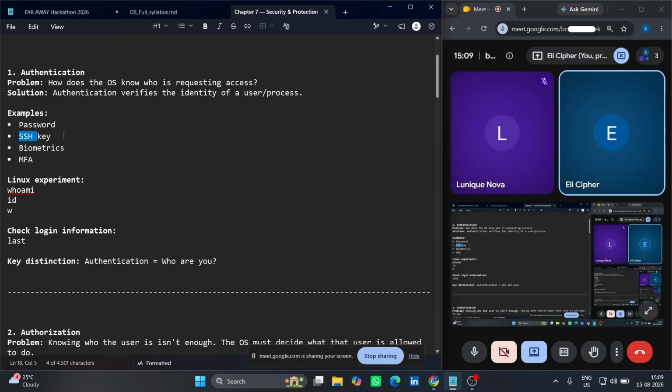SSH means secure shell, and it is used to establish the connection between two devices using secure shell. So, for example, authentication takes place using passwords, SSH keys, biometrics, or MFA.